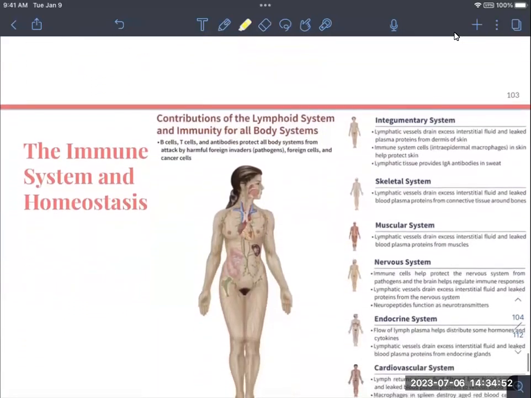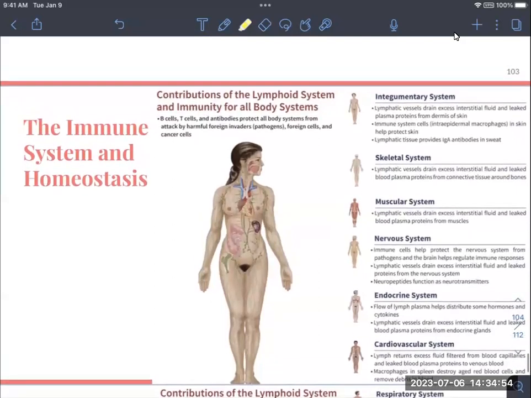So your lymphatic system, it plays a role in every system in your body, whether it's your skin, like your skin, the lymphatic tissue provides this IgA antibody in sweat.